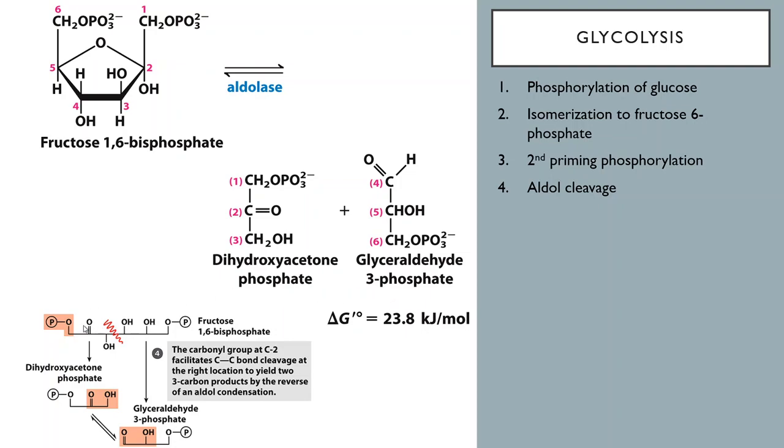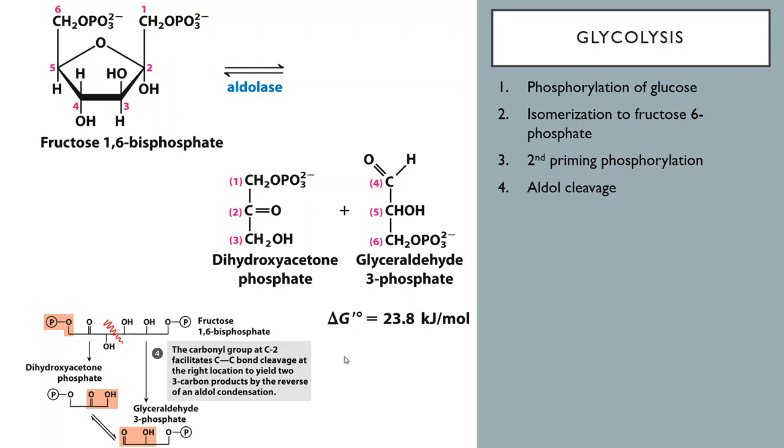That's what's going on down here too. The reason it's called aldolase is because dihydroxyacetone is a ketone and glyceraldehyde 3-phosphate is an aldehyde. So that's how you ended up with that name.